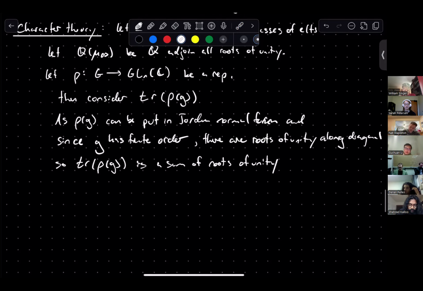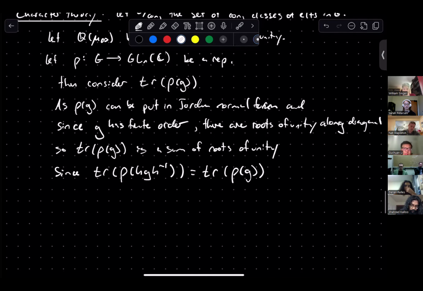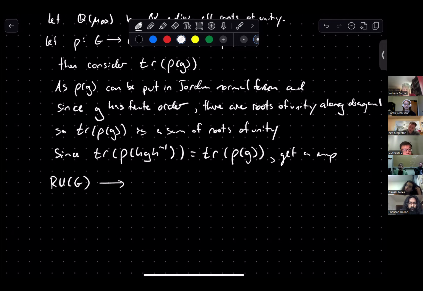And further, since, again, conjugation invariance, so the trace of rho of hgh inverse is the trace of rho of g, we get a map from RU of G to a ring that I'm going to call, well, let's write it this way, to the ring of functions on the conjugacy classes of elements inside of G taking values in Q adjoin mu infinity.